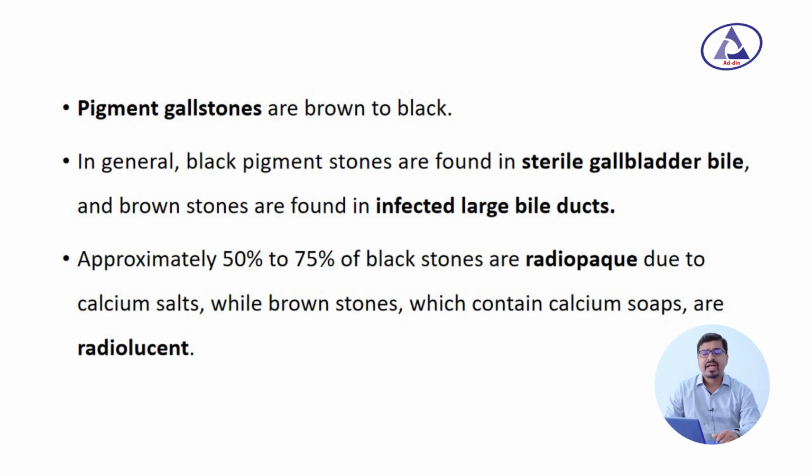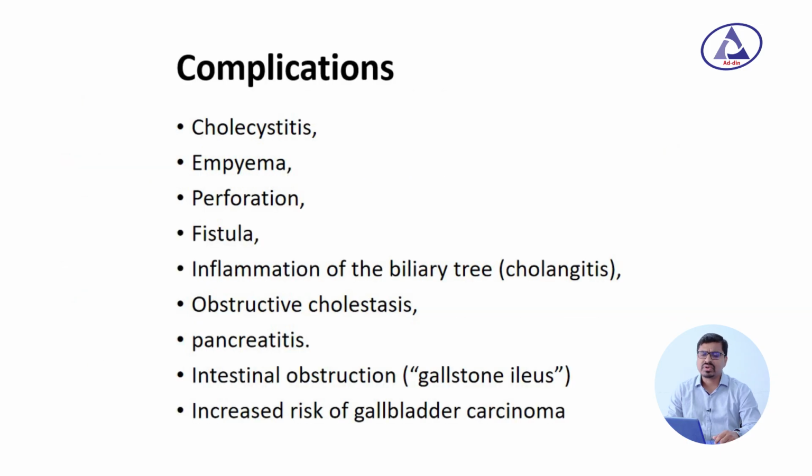In general, black pigment stones are found in sterile gallbladder bile and brown stones are found in infected large bile ducts. Approximately 50 to 75% of black stones are radio-opaque due to calcium salts, while brown stones, which contain calcium soaps, are radiolucent.